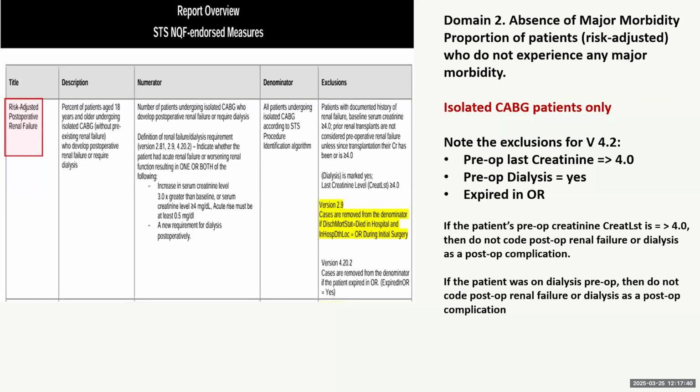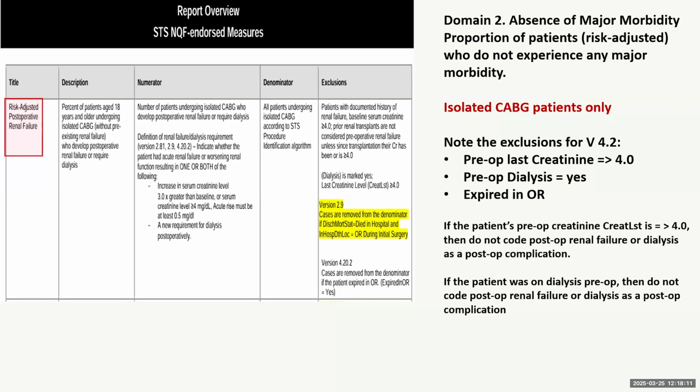So if your patient has a creatinine greater than or equal to 4 on the last creatinine, or your patient's on pre-op dialysis, then you don't code renal failure as a post-op complication because it was a pre-existing issue, and those people are excluded from this measure. So I did want to point that out because I've had a rash of questions about that lately.